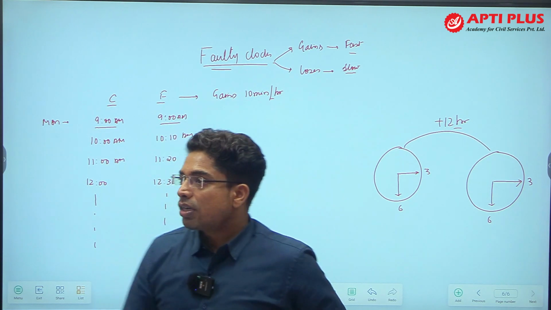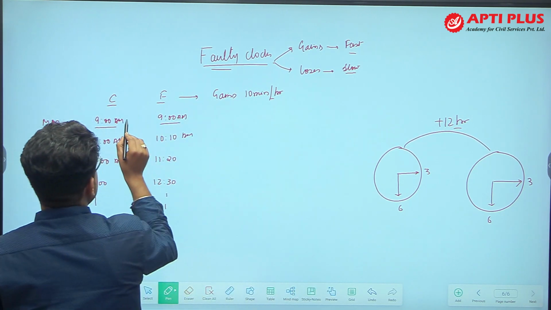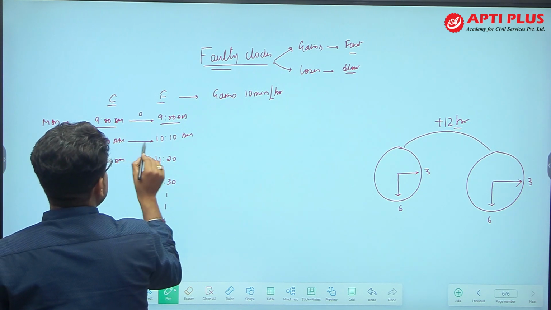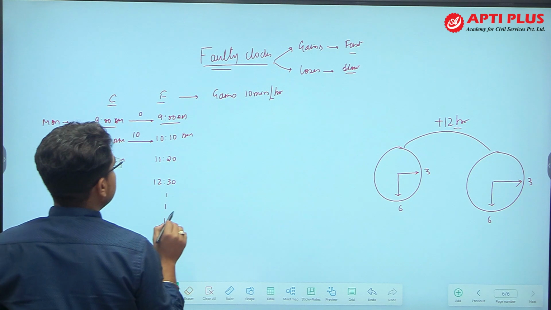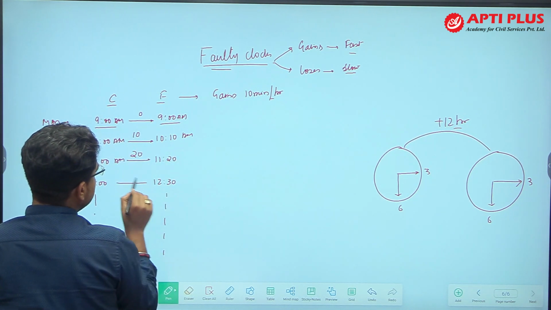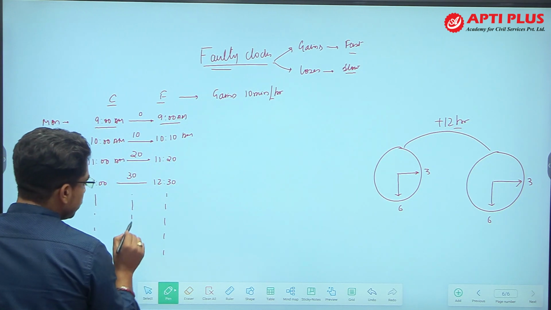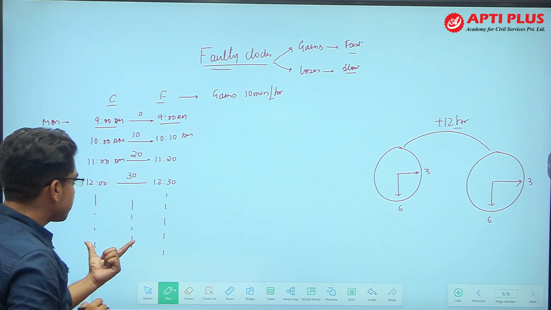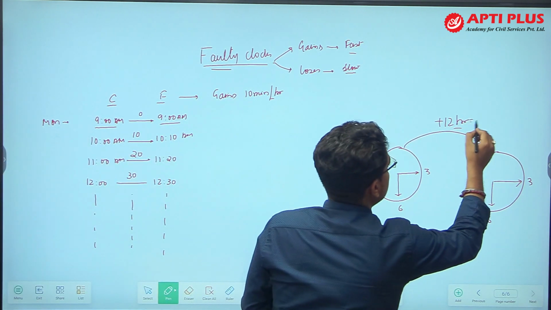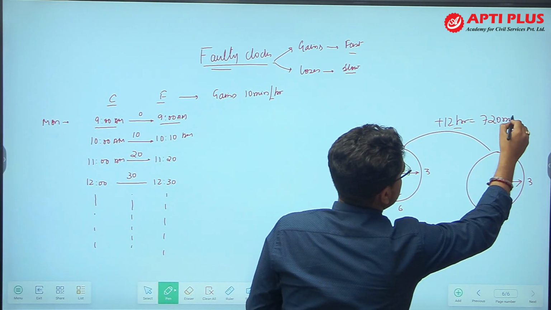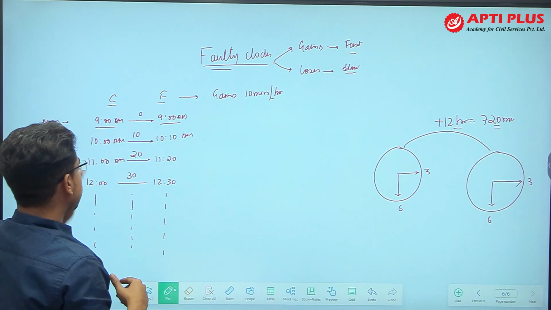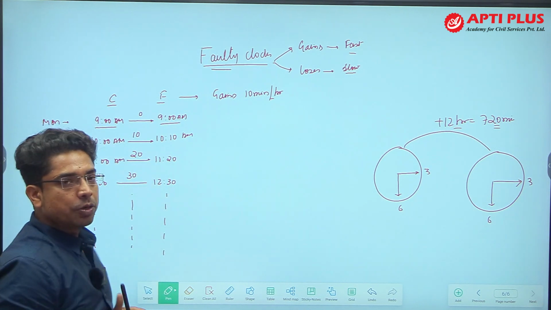So, if you focus on this, from 9 AM in the first case, the difference between the 2 times is 0. In the next case, the difference between the 2 times has become 10 minutes in 1 hour. Then the difference has become 20 minutes, then 30 minutes. Eventually, this difference will increase, and at some point, it will become 12 hours or 720 minutes. The moment this difference becomes 720 minutes, the time shown here and here will be visibly equal.